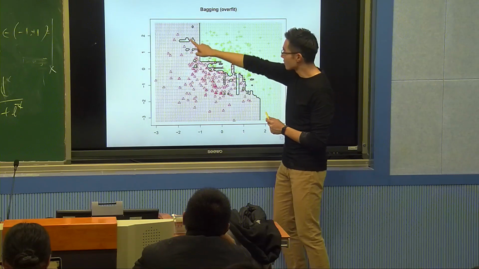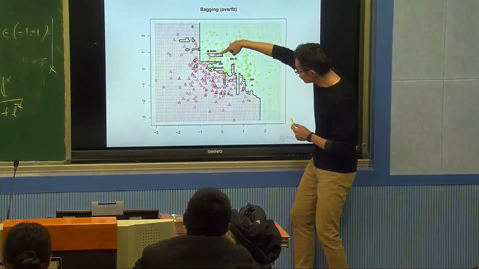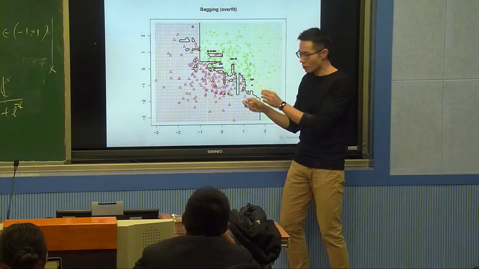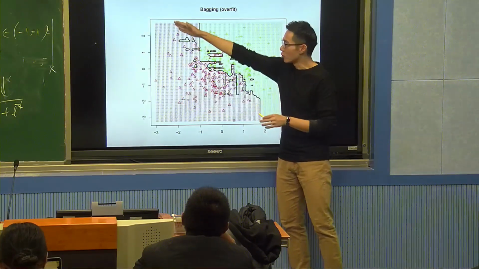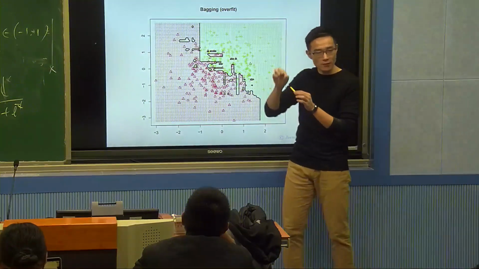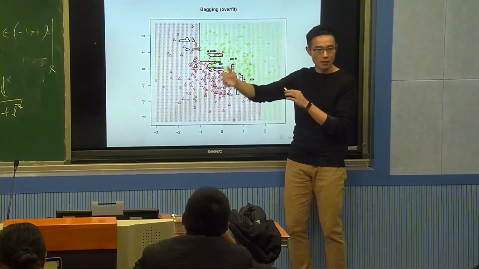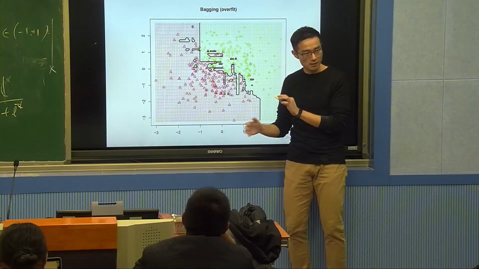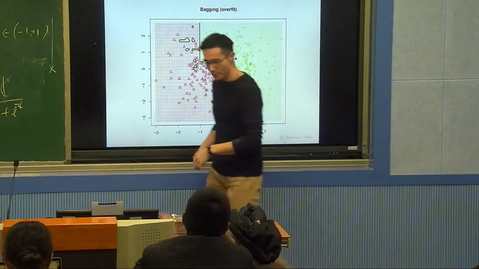There's some plus here, that's why it generates a little bubble here, and there are some triangles here, that's why it generates some bubble here. So it tries really hard to fit every data point. And that's overfit because the true boundary is like this. Even at the true boundary, you are going to have plus here and triangle here. Why? Because of the underlying probability model. There's some error E that is not explained by our X. The true boundary is very simple, but now it's picking up the E. So it's overfitting.